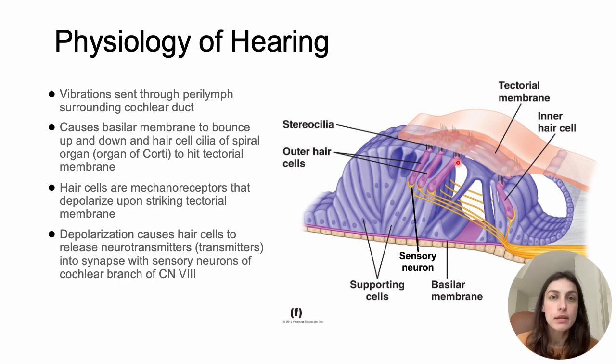Therefore, when this movement is happening and the hair cells are bending against the tectorial membrane and therefore stretching their own plasma membranes and causing the distortion of that plasma membrane and opening of the ion channels, when the actual hair cell depolarizes, it, through multiple steps that I'm not going to go into, causes a transmitter, like a neurotransmitter, to be secreted by exocytosis from this end part of the hair cell, and those transmitters are going to bind to the plasma membrane of these neurons, and then the neurons are going to fire an action potential, sending that message to our brain.